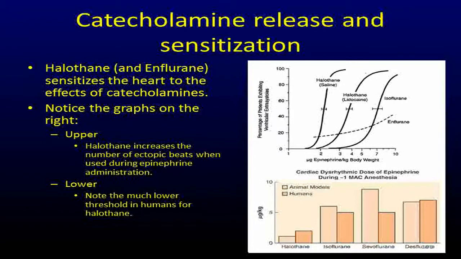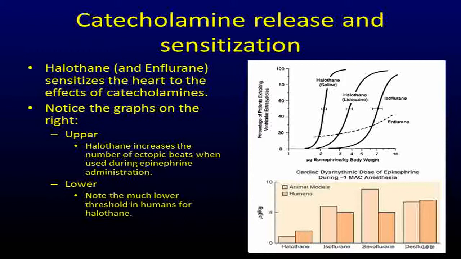So once again, let's get that question right. If a surgeon uses epinephrine and you're using sevoflurane, you might see some ectopy. That's better. So the cardiac dysrhythmic dose of sevoflurane.